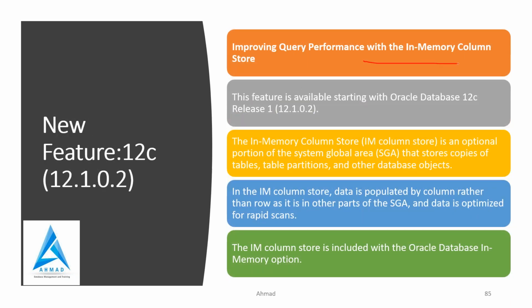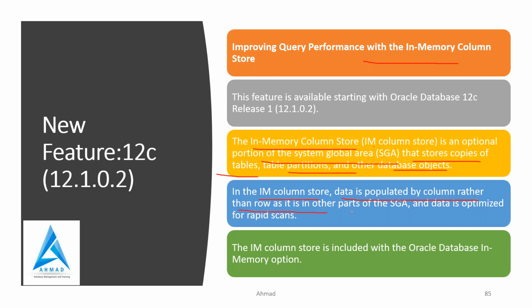Now, as I said, In-Memory Column Store was introduced for query performance. The In-Memory Column Store is an optional portion of the SGA and stores copies of tables, partitions and other database objects, and in the column store data is populated in columnar format rather than row format. So that is another important thing.